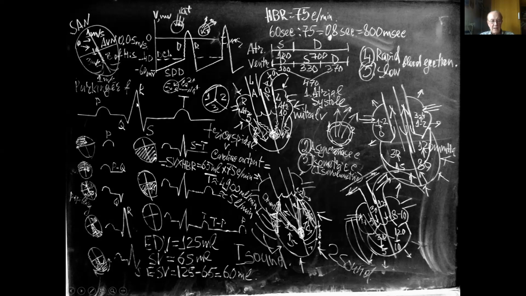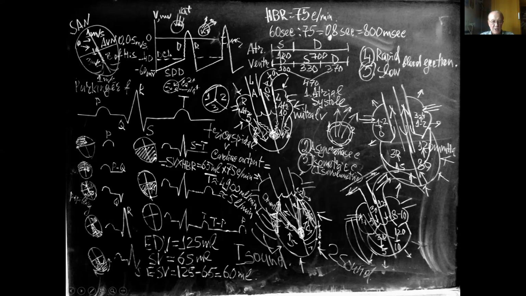The waves on the ECG appear only when the excitation starts in the heart, disappears in the heart, or moves. It conducts in a certain direction. Here there is no movement of the excitation, and we register the ST segment.